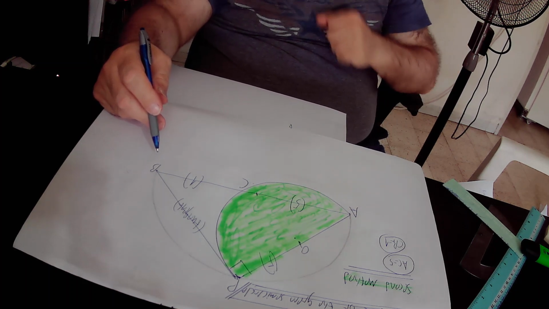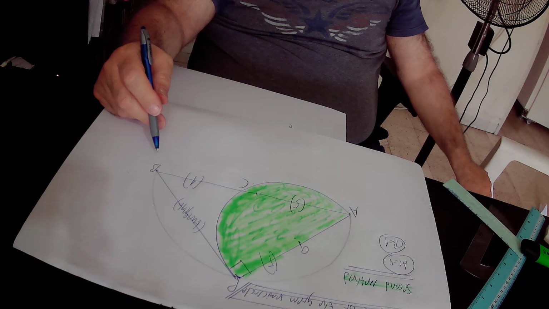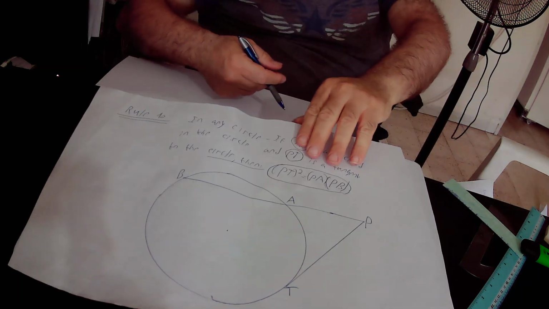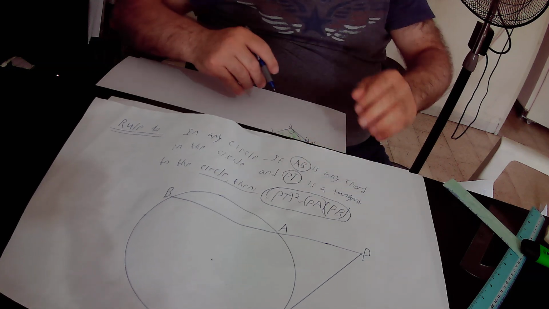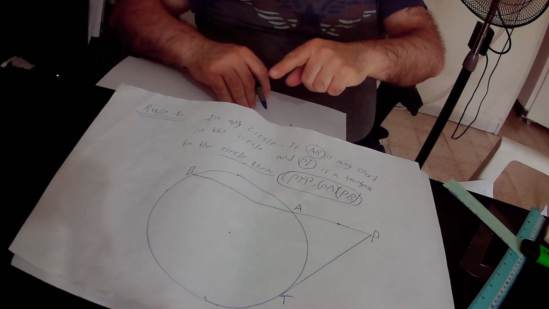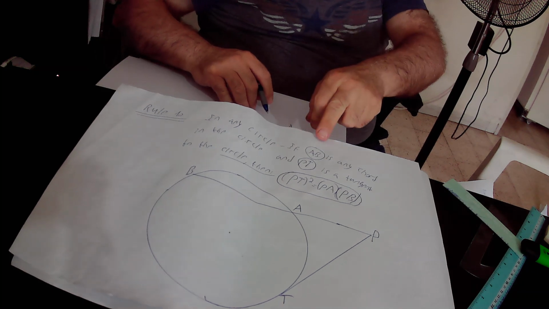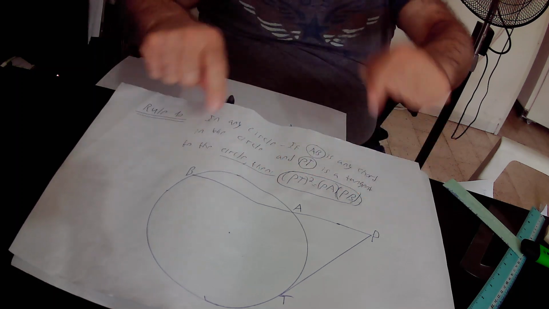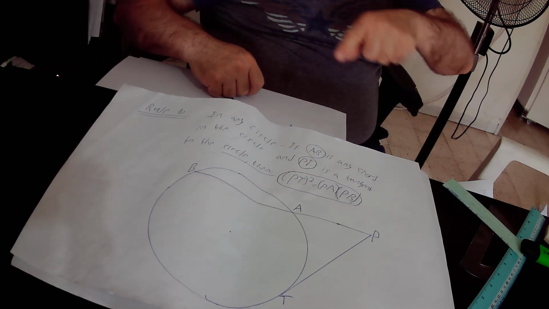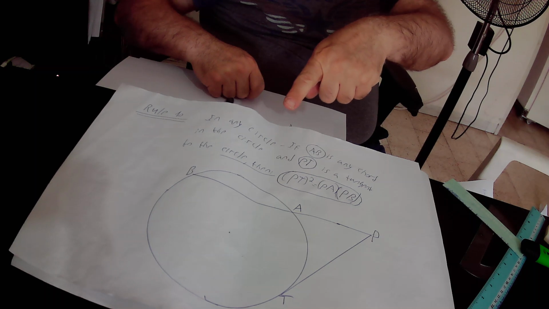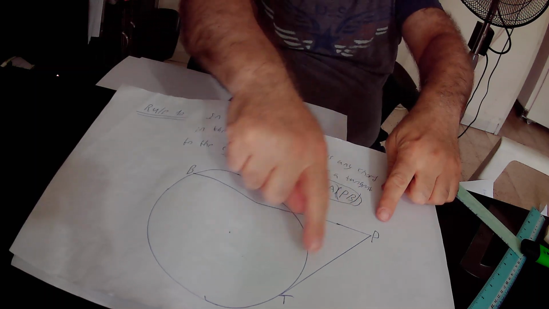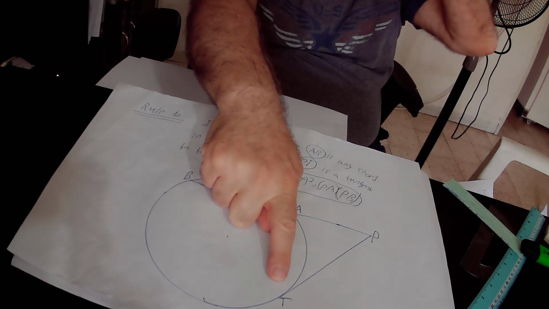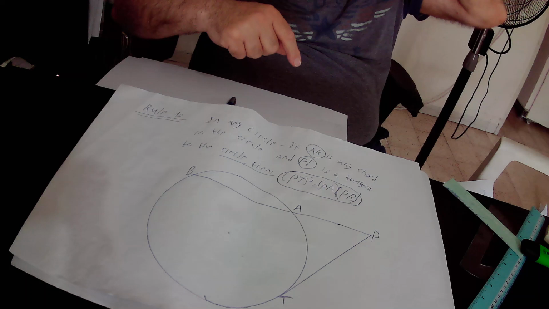So here we can implement rule 10. I repeat quickly on rule 10. According to rule 10, in any circle, if AB is any chord in the circle, here we have chord AB, and PT is tangent to the circle, here we have tangent PT, that is tangent to this circle at point T. Point T is the point of tangency of tangent PT with this circle.